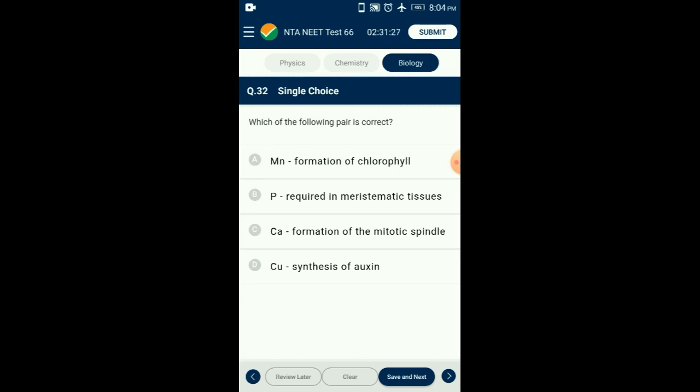It is also needed during the formation of the mitotic spindle. It accumulates in older leaves. It is involved in the normal functioning of the cell membranes. It activates certain enzymes and plays an important role in regulating metabolic activities. So the answer for this question is option C, calcium, formation of the mitotic spindle.